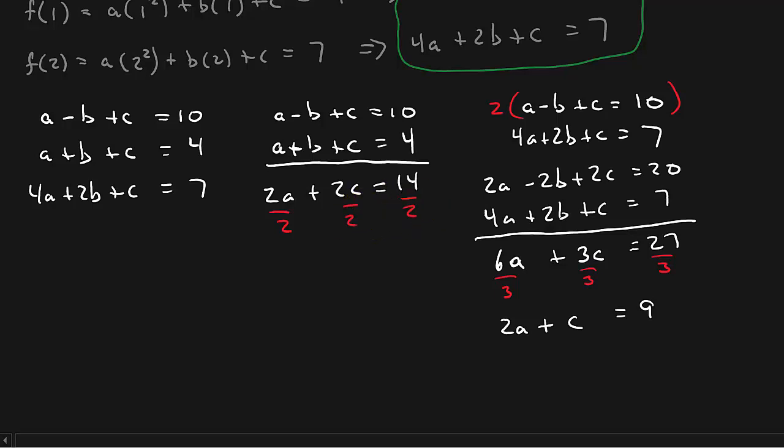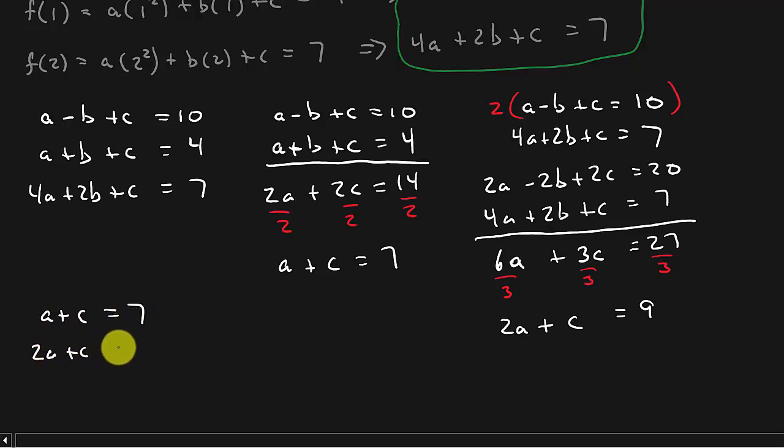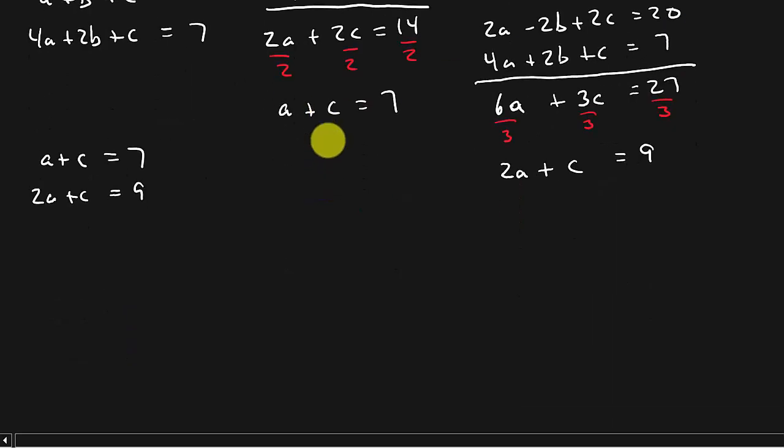See, all I'm doing this for is to make the numbers smaller. You see that? That's all I'm doing, making the numbers smaller. And so that's going to give me what? a plus c equals 7, and 2a plus c equals 9.